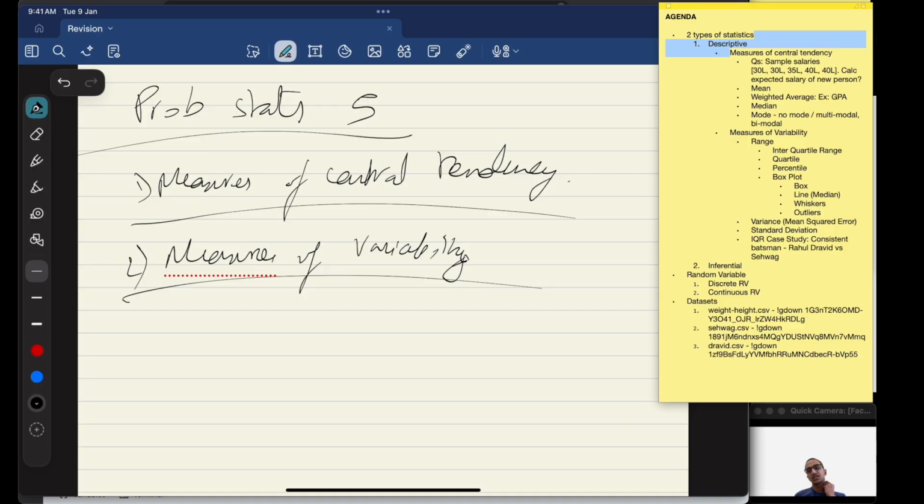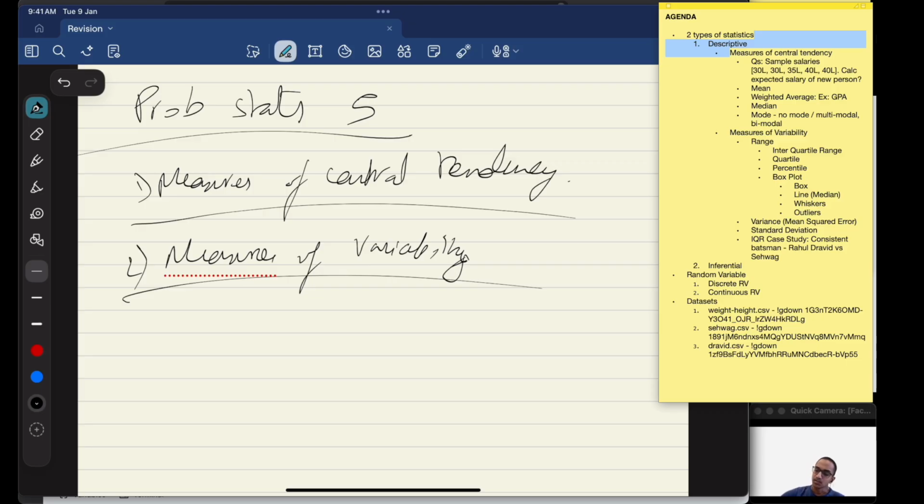Measures of central tendency is nothing but trying to find the center of your data. If you have a list of, let's say, heights, you want to know the center of these heights, in the sense, where is the data clustered. You're trying to find out that center.